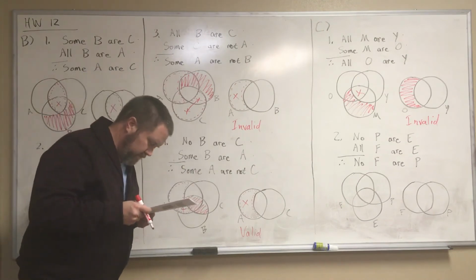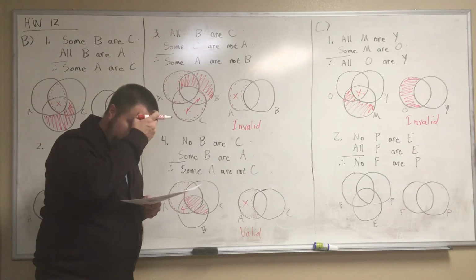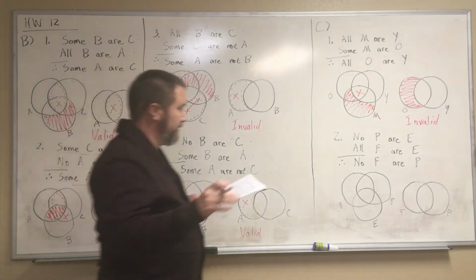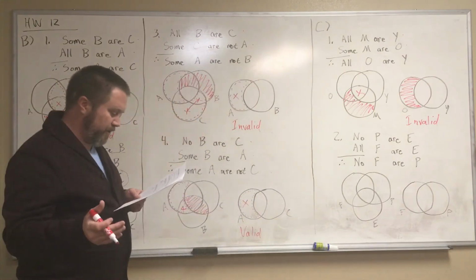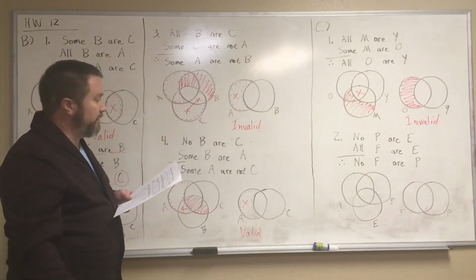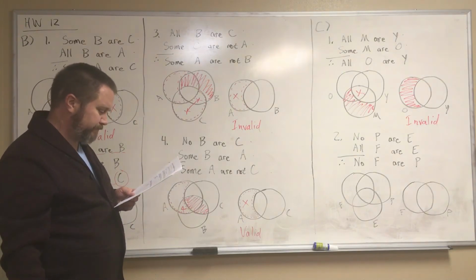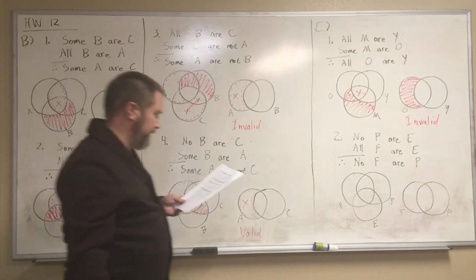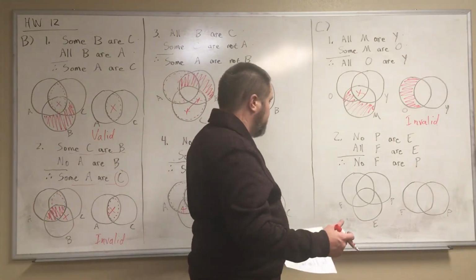Let's see. And is a premise indicator. So the first 2 sentences, again, are going to be the premises. Consequently is a conclusion indicator. So your last sentence is going to be the conclusion. No friends of Jim are persons averse to mathematics, so no F are P. So let's go ahead.